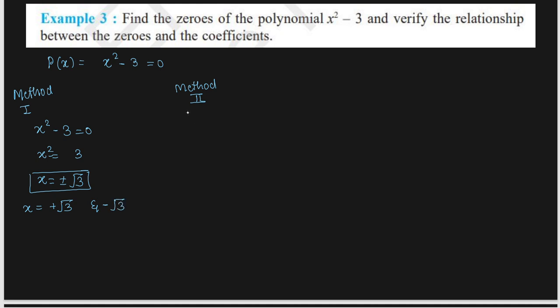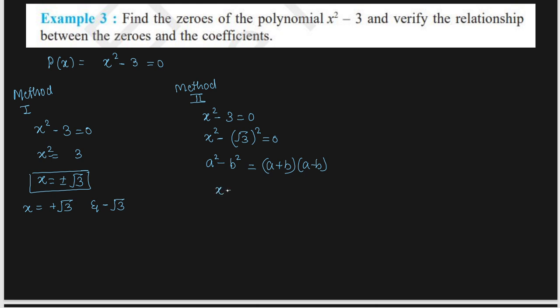Now, method number 2 gives the same answer, but with a different approach using your identity. You can write x square minus 3 as x square minus root 3 to the whole square is equals to 0. Now just have a look. A square minus b square is nothing but equals to a plus b and a minus b, if you are comfortable with the identities learnt in your 8th and 9th standard.